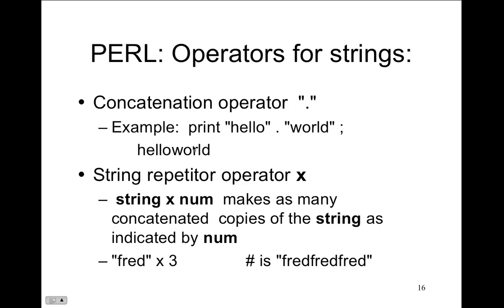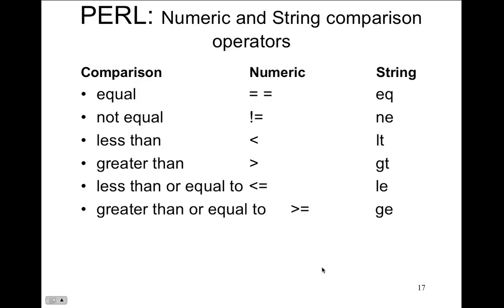But the string repeater operator, string x number, makes as many concatenated copies of the string as indicated by number. So if I said Fred times 3, and this is the times operator, it's a natural kind of times, but it's concatenation with times. So it would go Fred, Fred, Fred for 3 Freds. It concatenates it 3 times, puts it in a row. That's pretty nifty, I think, actually.